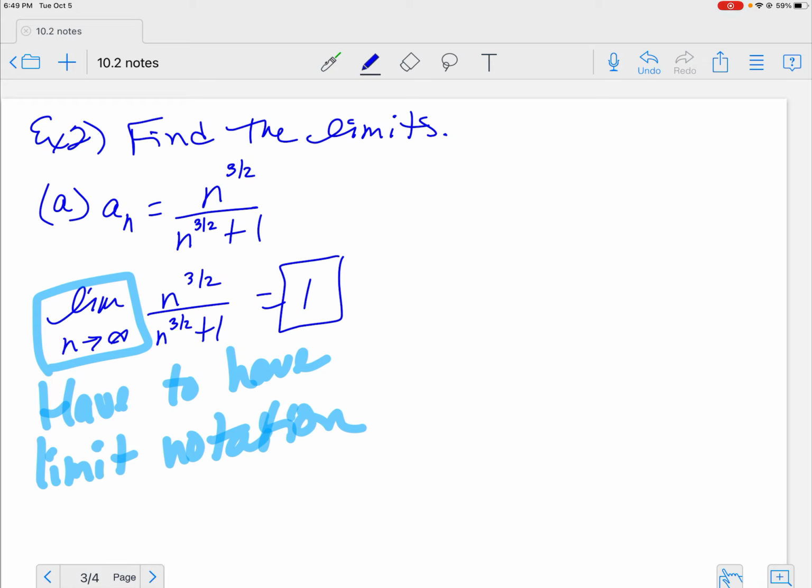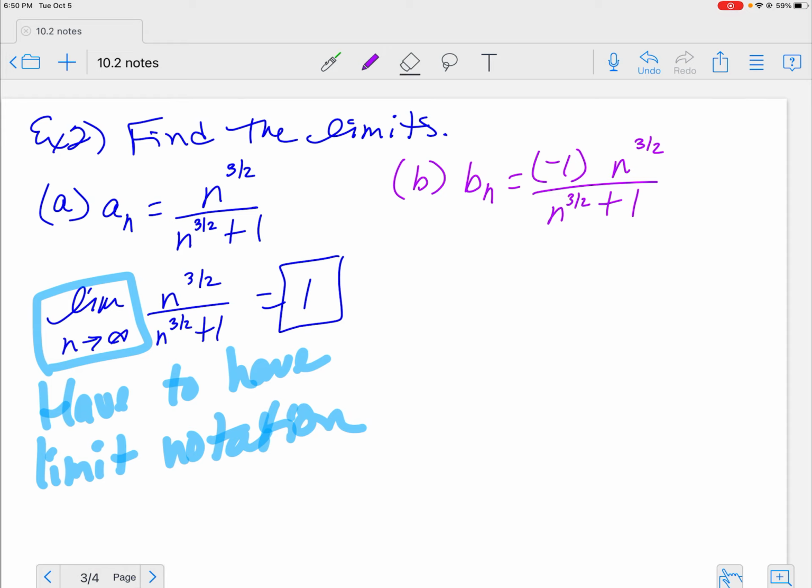All right? Okay. Now, look at what happens here. Let's go purple. What if I have b sub n is equal to -1 to the n times n to the 3/2 over n to the 3/2 plus 1?